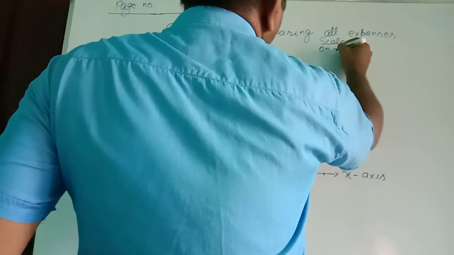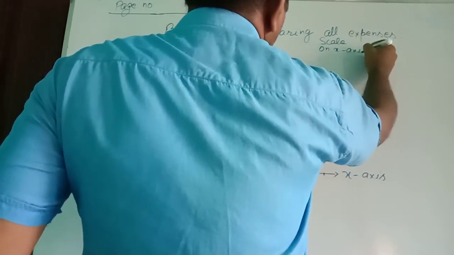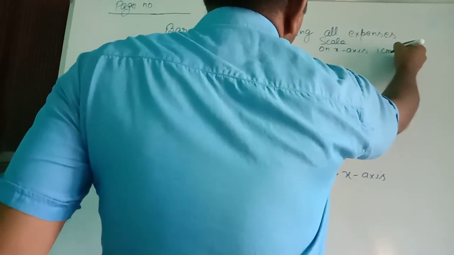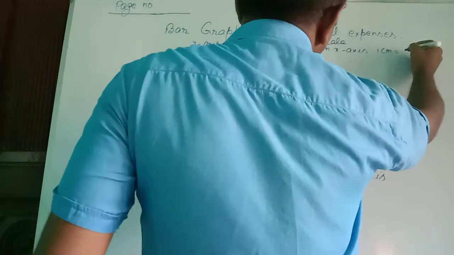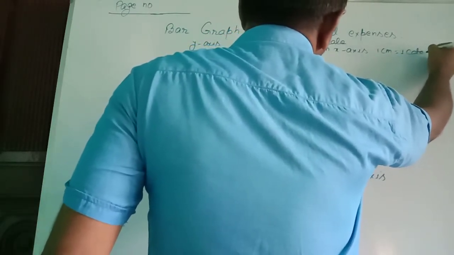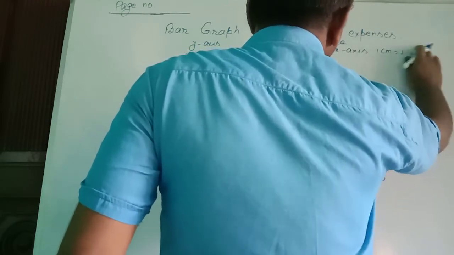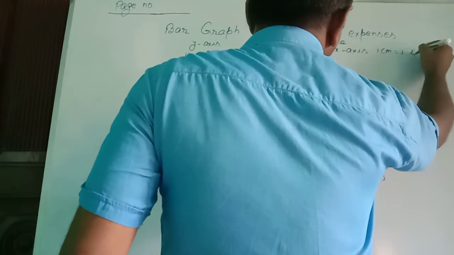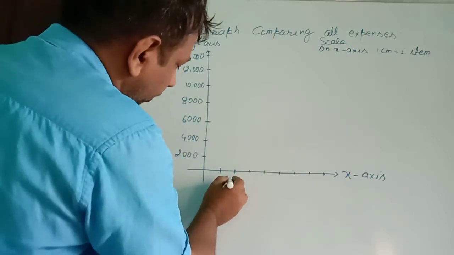The scale on the x-axis is 1 centimeter equal to 1 category, one item. That item may be expenditure on milk, so here we will write milk.